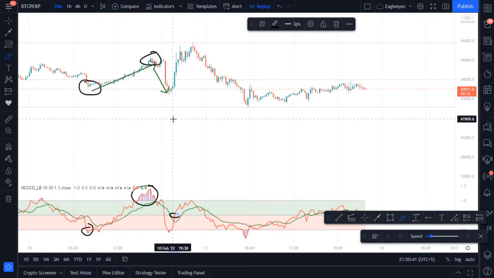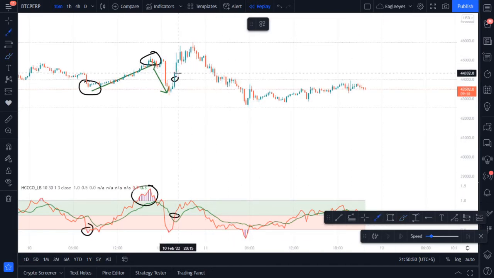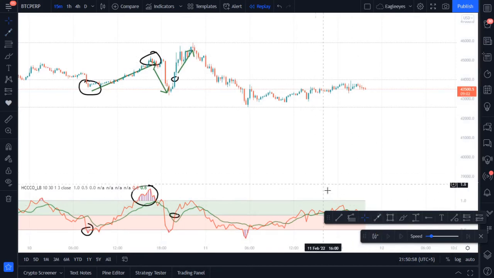Now you will exit a trade whenever this red comes back to above the 0.5 level. Although I will give you in the tips section another strategy that you can use for an exit signal. You can use both, this one and also that one.